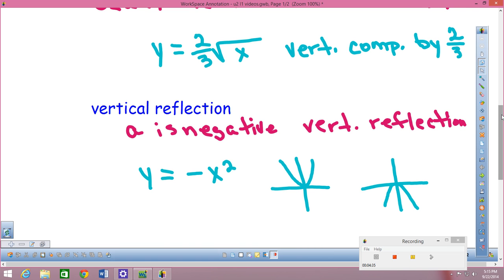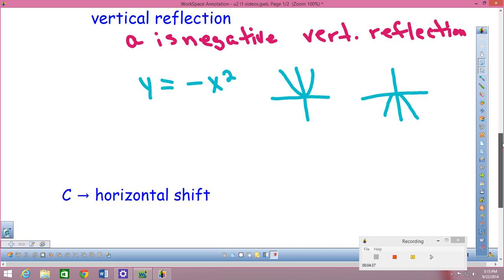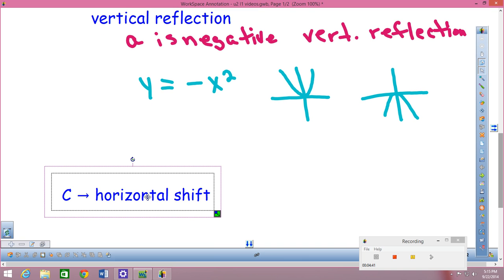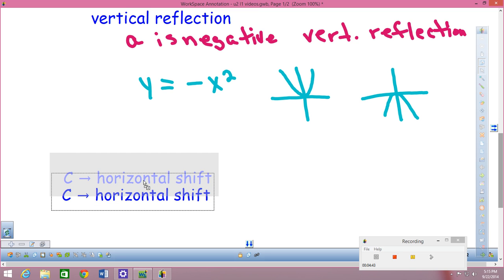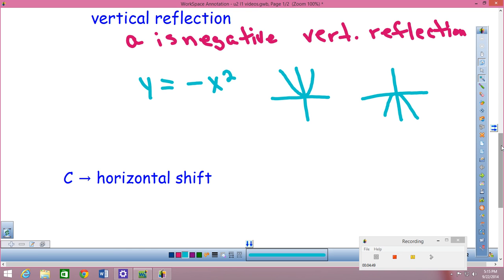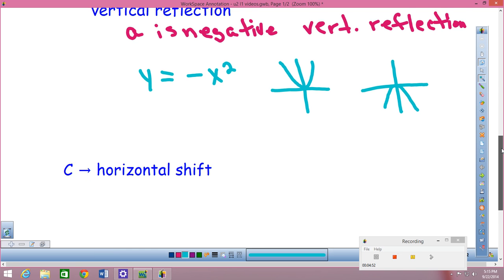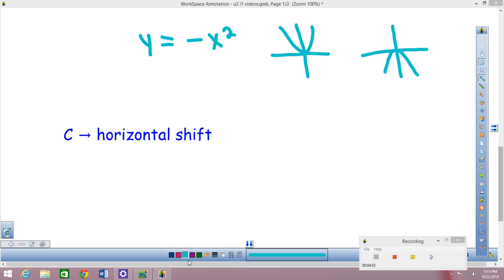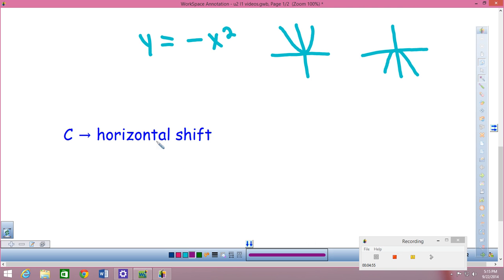Next, we deal with the c value. Notice that we skipped b. It's not a mistake. We'll deal with b after Christmas when we look at trigonometric functions. But the c value causes a horizontal shift. Now, what you have to be careful of is that the c value is going to shift the opposite of what it seems.